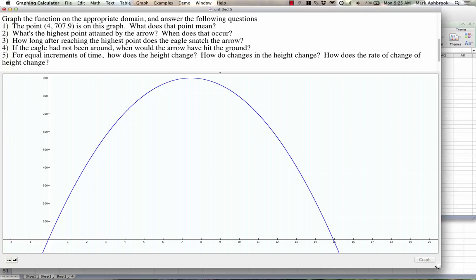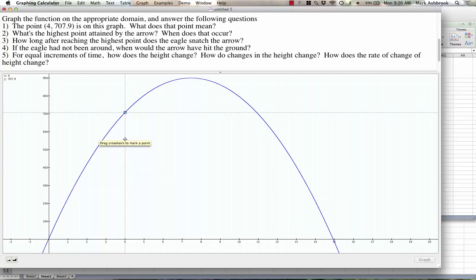When you look at this continuous curve, you are thinking, oh, that's just a whole mess of points. And every point has a very specific meaning in this situation. So this particular point for 707.9 right there, like she said, after 4 seconds, the height of the arrow is 707.9 feet.